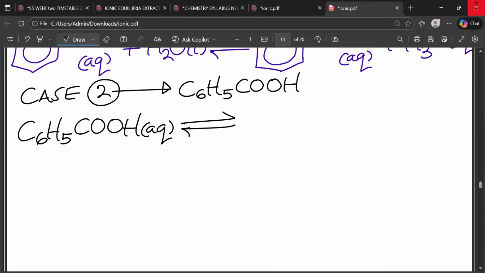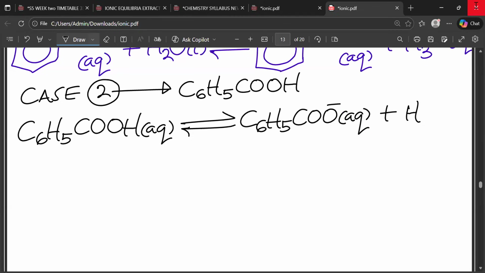So we are getting C6H5COO, with a negative, which is the ion. Exactly, aqueous. Then the last one, plus hydrogen with the plus on top, not so?